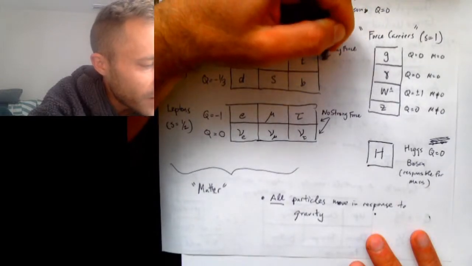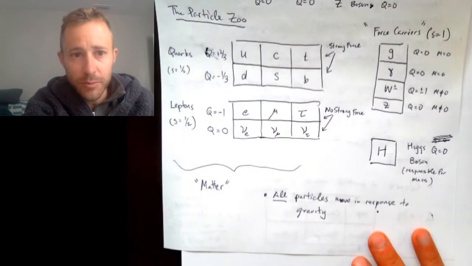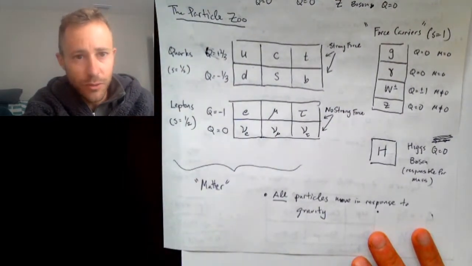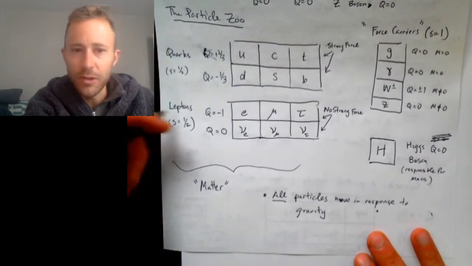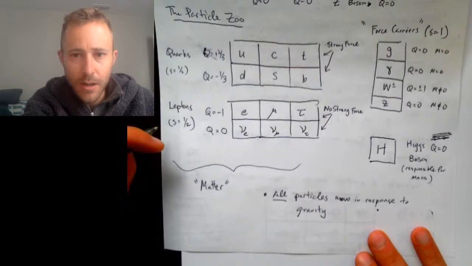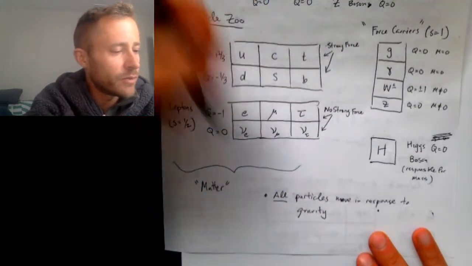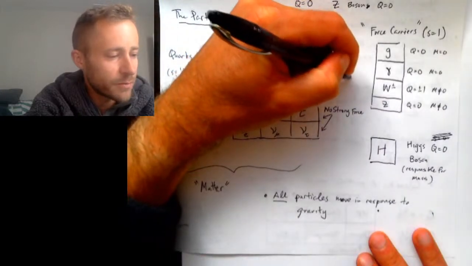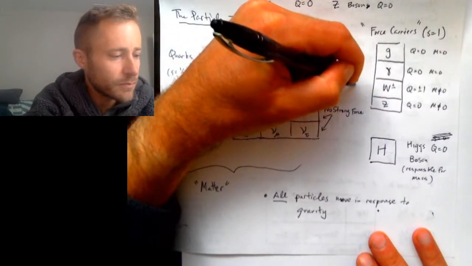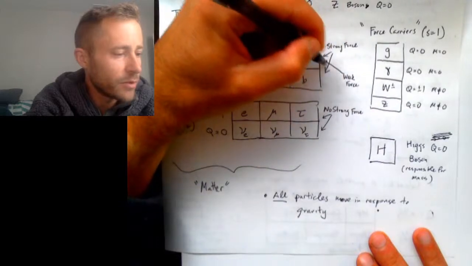That is why quarks are in the nucleus, because they respond to the strong force. They hear the call of the strong force, but leptons do not. All of these force carriers do the weak force.